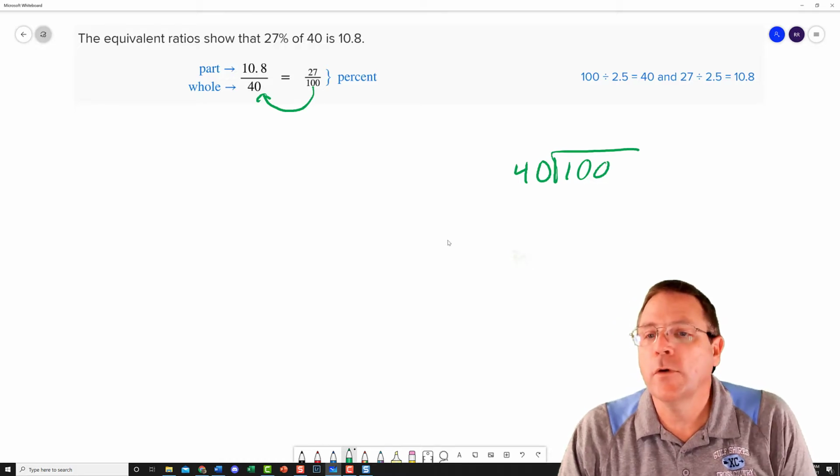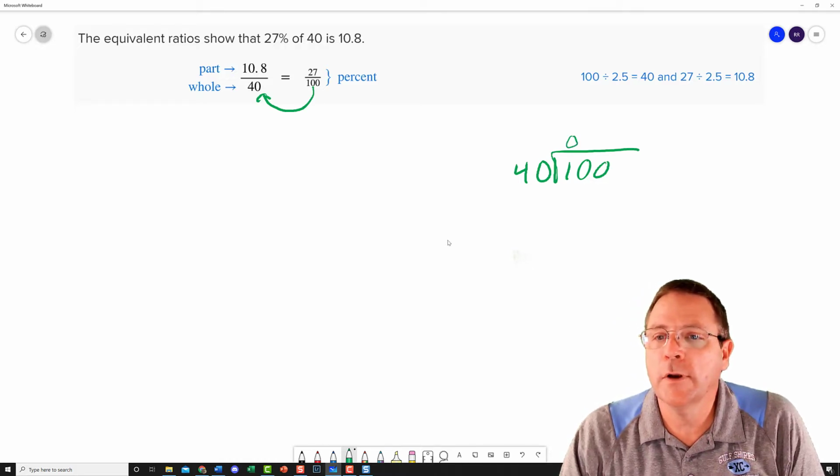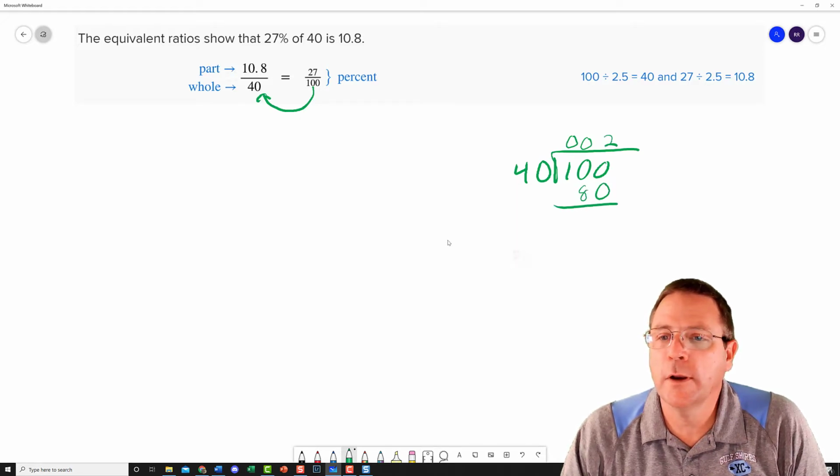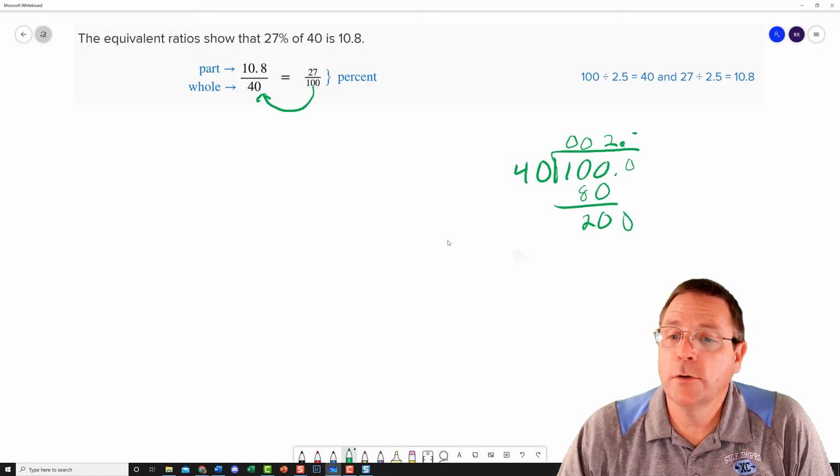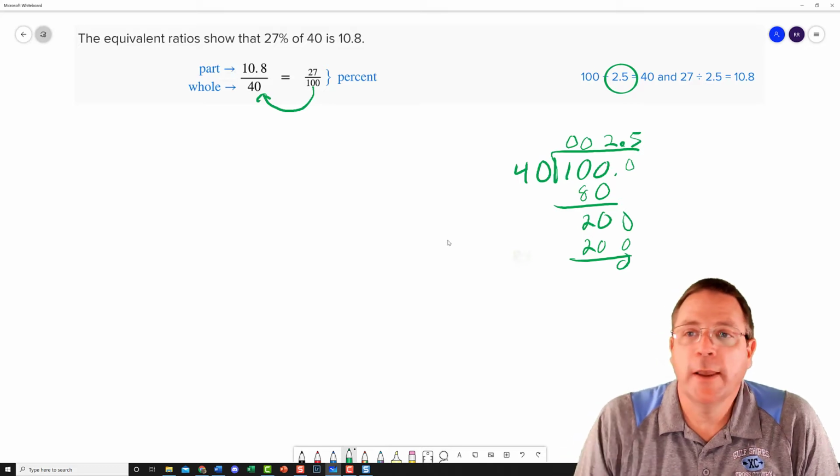You can say 40 goes into 1 0 times, 40 goes into 10 0 times, 40 went into 100 2 times. 2 times 40 is 80, and that left 20 left over. Annex in your decimal and your 0. Decimal went up, 0 went down, and 40 went into 200 5 times, which gave you 200 with nothing left over. That is where this 2.5 came from.